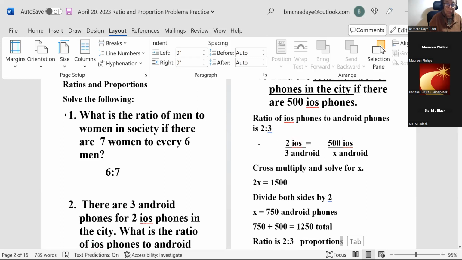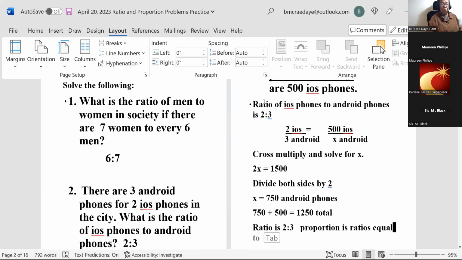I set the two ratios equal. I have to have two ratios in a proportion.